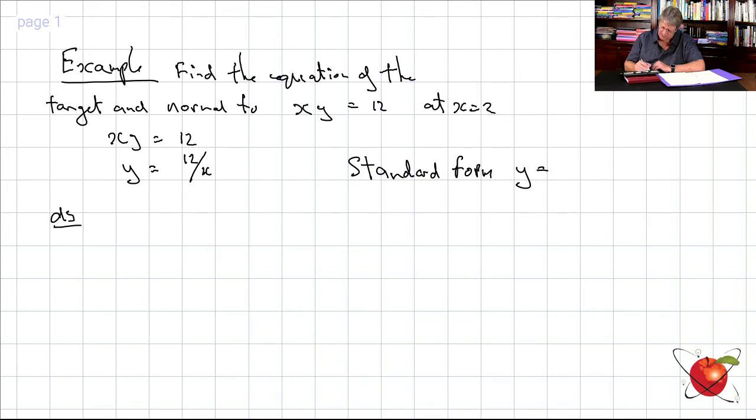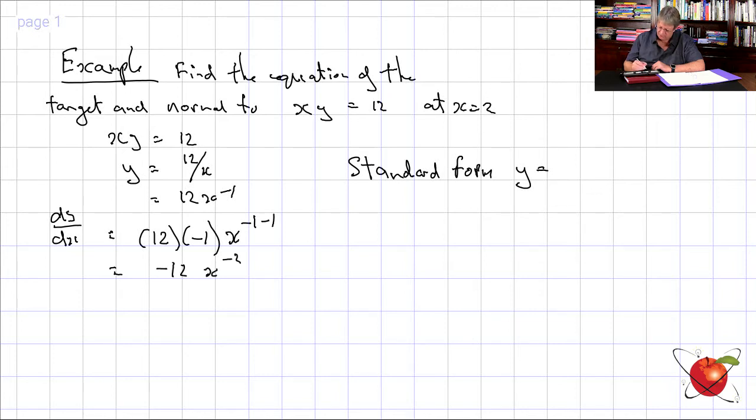Therefore, dy by dx, I have to change that to 12x to the minus 1. Therefore, dy/dx is going to be equal to 12 times minus 1, x to the minus 1 minus 1, which is minus 12x to the minus 2. I'm going to take it to standard form, minus 12 over x squared. That's my dy by dx. That's f prime, and I leave it at that.